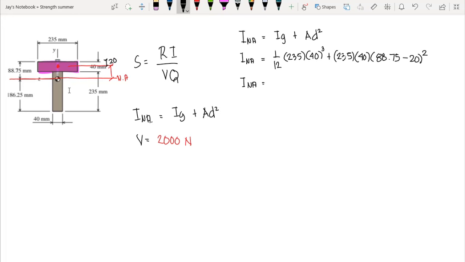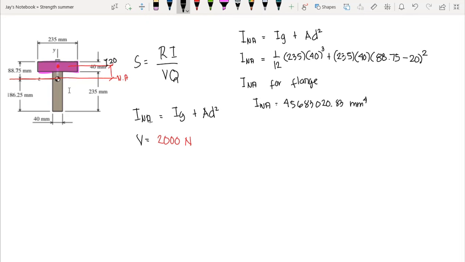This equation gives us the moment of inertia at the neutral axis for section 1, the flange: 456,8320.83 millimeter to the fourth.